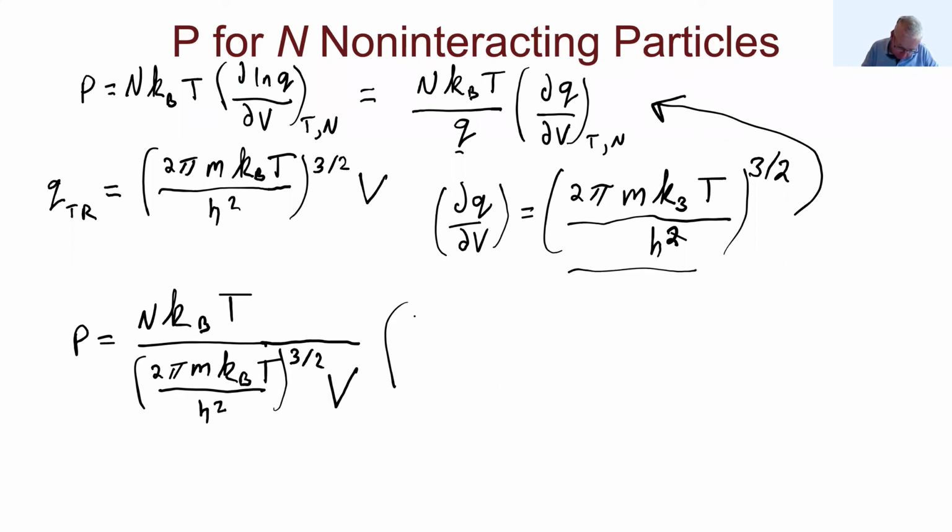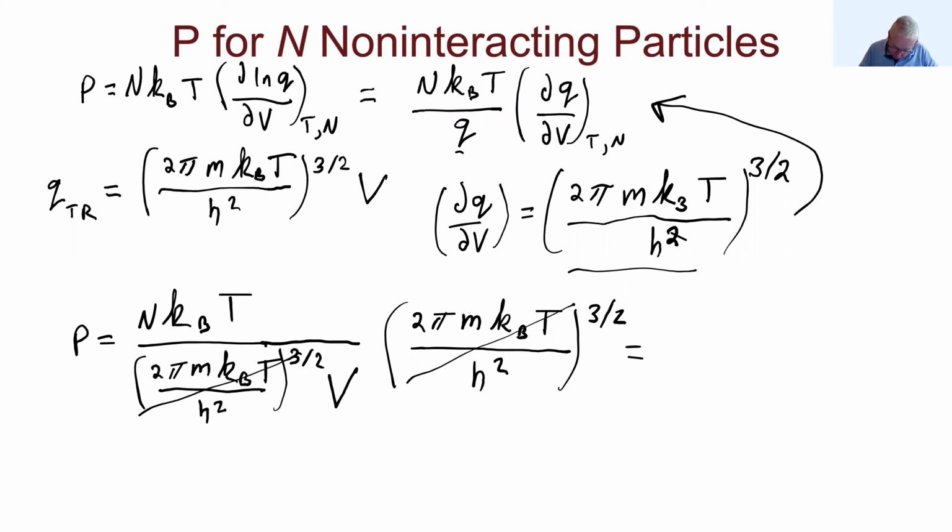So that's just the constants, (2 pi m kT over h squared), still 3/2 power. Right, so I get to kill off this piece and this piece, and I'm left with NkT over V. The k is a little awkward looking there, but pretend that's a k.